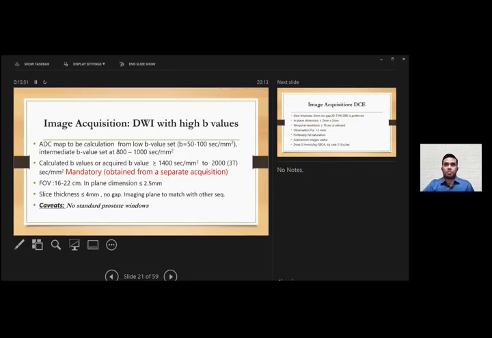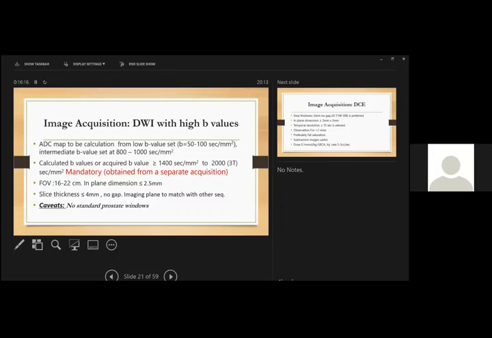Image acquisition, coming to DWI with high B values. It has now become mandatory, if we are doing multiparametric imaging of the prostate, to acquire images with B values of greater than or equal to 1,400. It can go up to 2,000 at 3 Tesla.